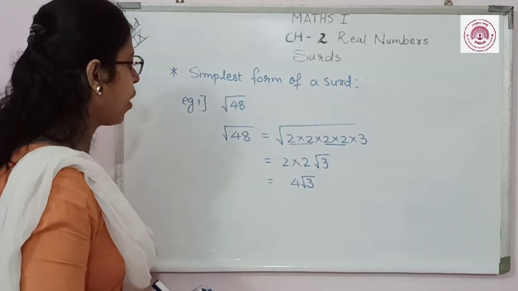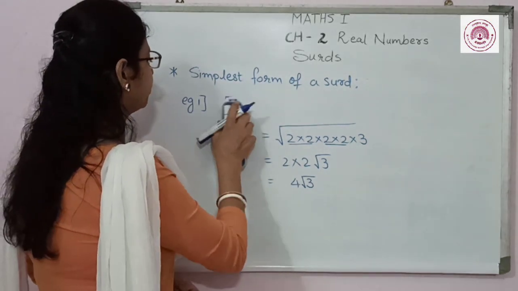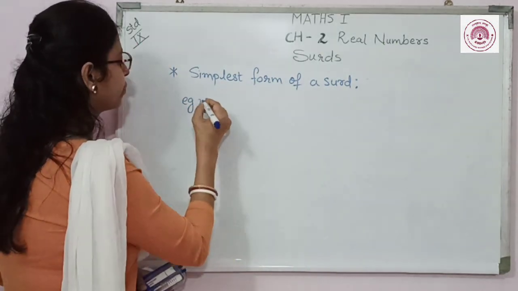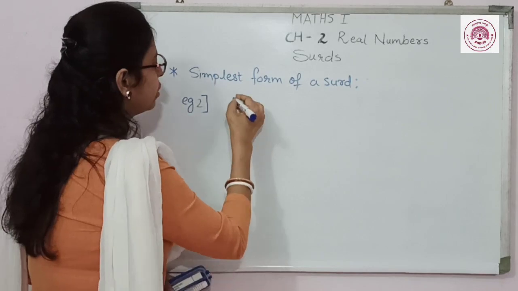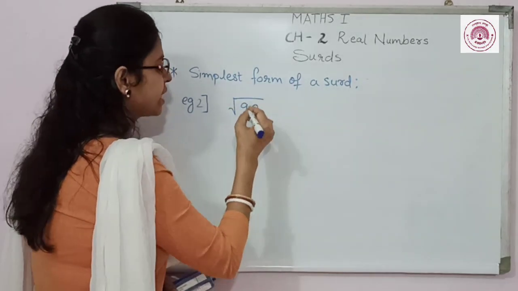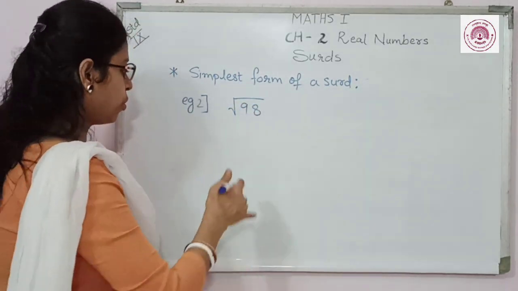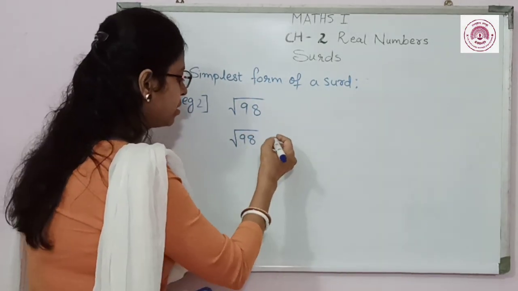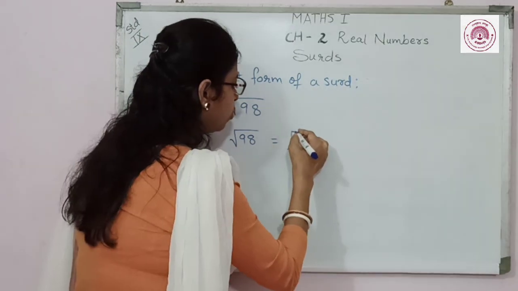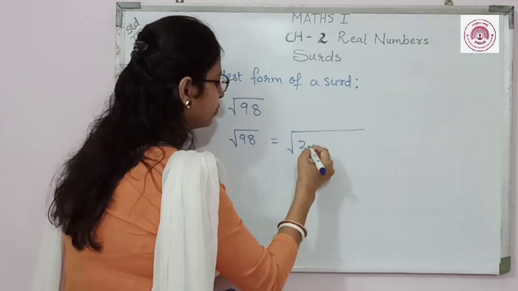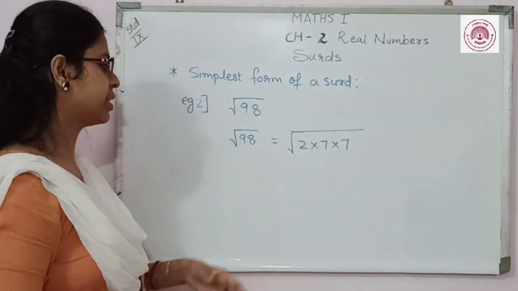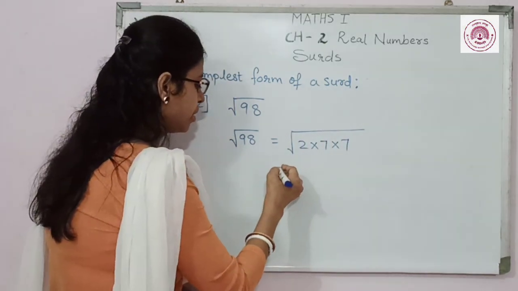Okay, let's take one more example. Example number 2, root 98. So same method we will follow. So root 98, what are the prime factors of 98? Root 98 equals 2 into 7 into 7. Now you can see this is a surd.